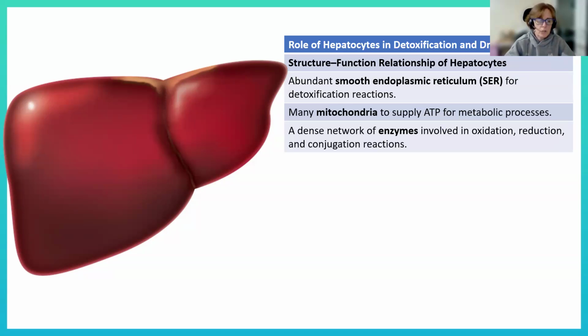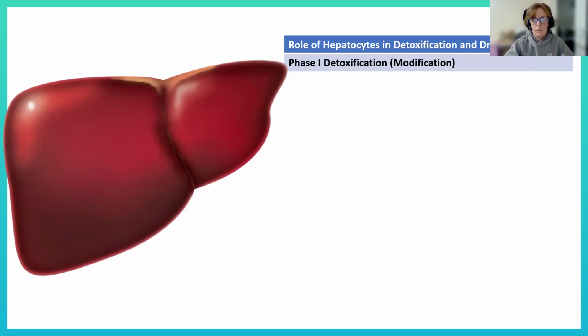And then they have this huge network of enzymes. So they are involved in so many processes, oxidation and reduction and conjugation reactions. So they're breaking stuff up, they're sticking stuff together. Really important and a key indicator of health, actually. Like I said earlier, one of the first things that gets tested when you go to the doctors, if you need a screen of bloods, is your liver function.